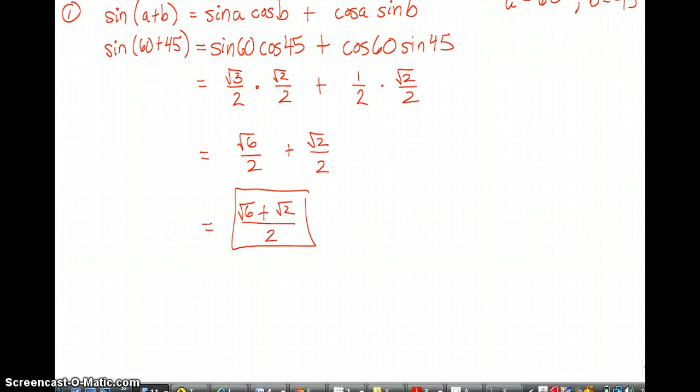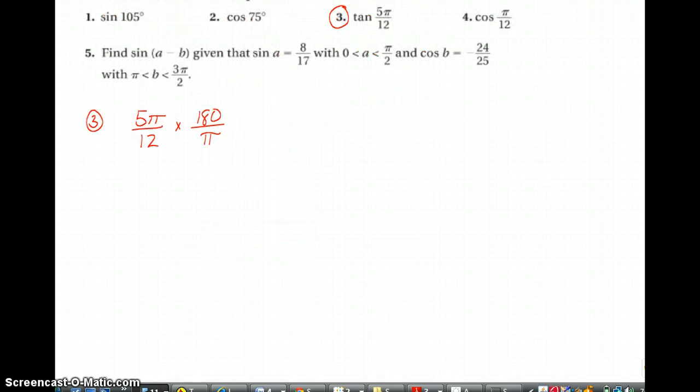Let's now turn to another example. Let's take a look at number 3, the tangent of 5 pi over 12, finding its exact value. First of all, 5 pi over 12 is not a standard angle. Let's go ahead and get an idea for how large of an angle that is in degrees.